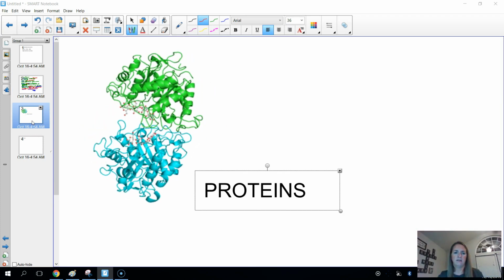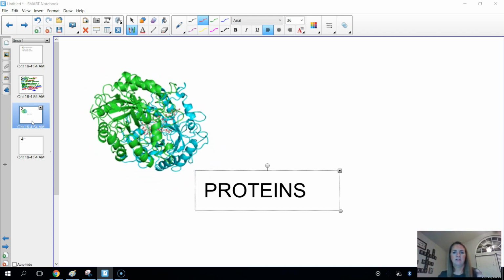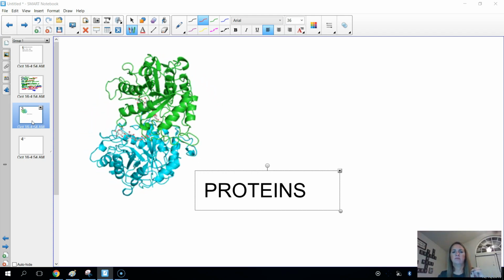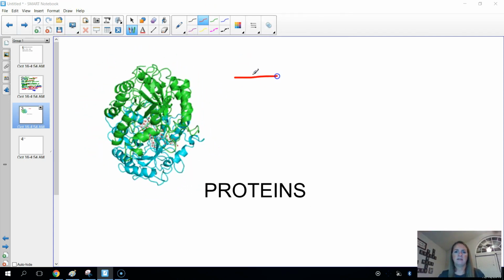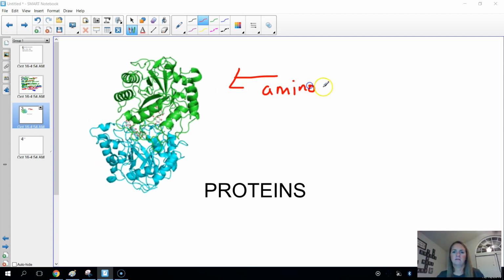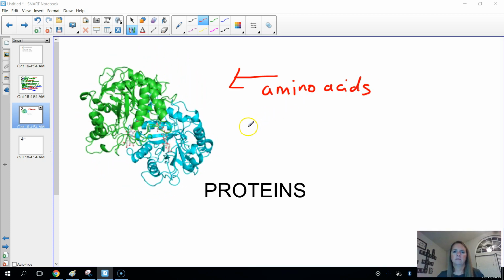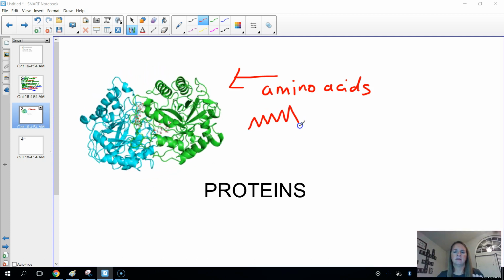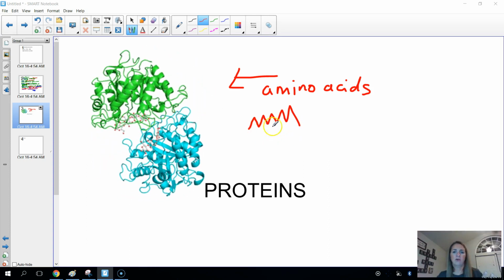Pictured here is a GIF of a protein, and I want you to notice all of the intermingled, somewhat organized chaos that you see there. Proteins are like that. All of these things are amino acids that are intertwined, kind of like an assemblage of many amino acids, many different lengths, bonded together, accordion-like.